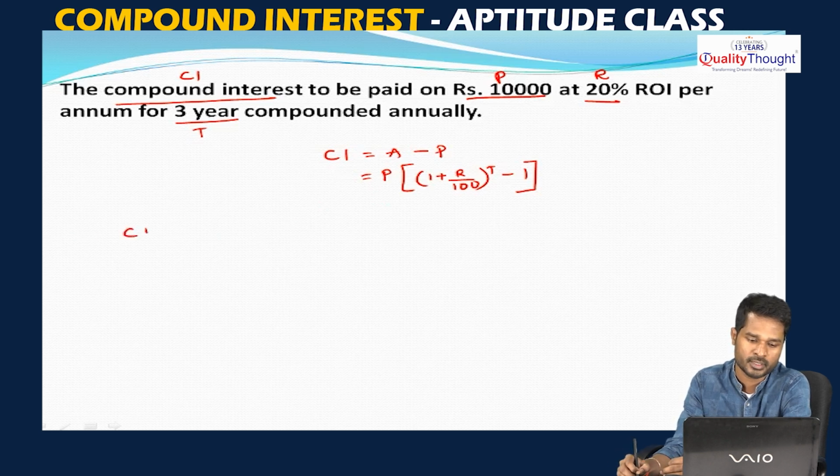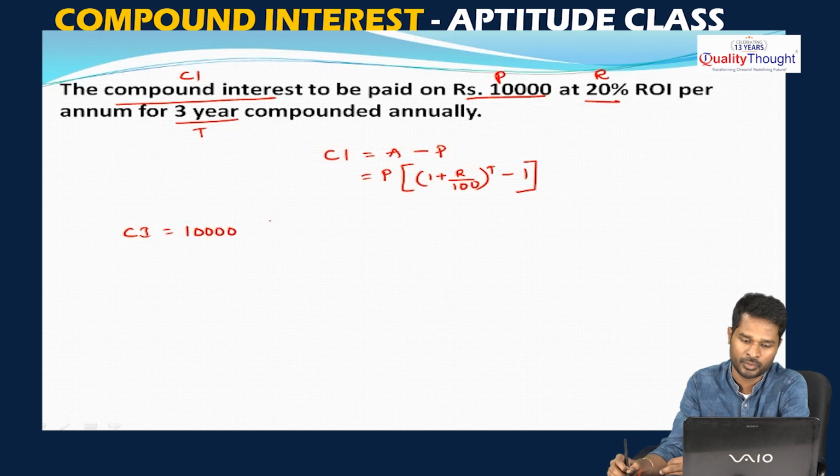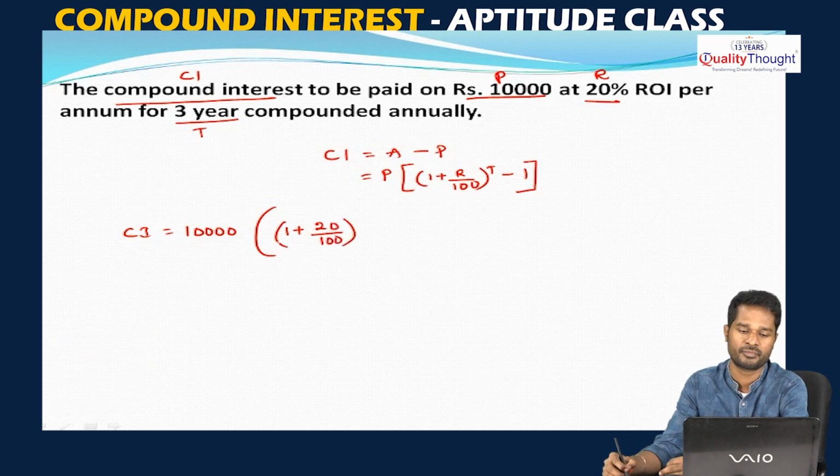The compound interest in this case is calculated as follows. P is 10,000, into ((1 plus 20/100) to the power of 3 years minus 1).